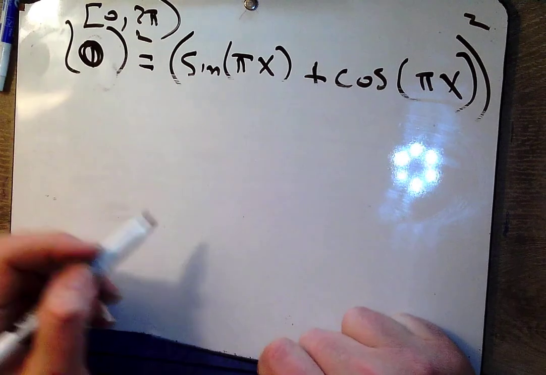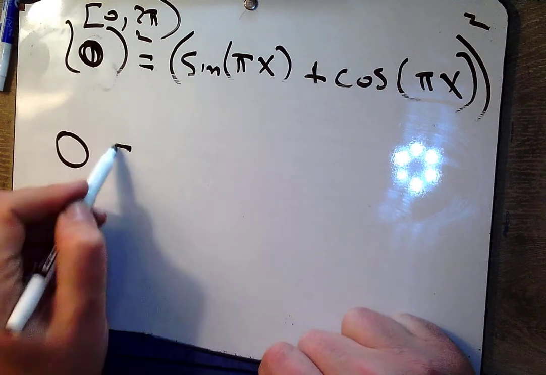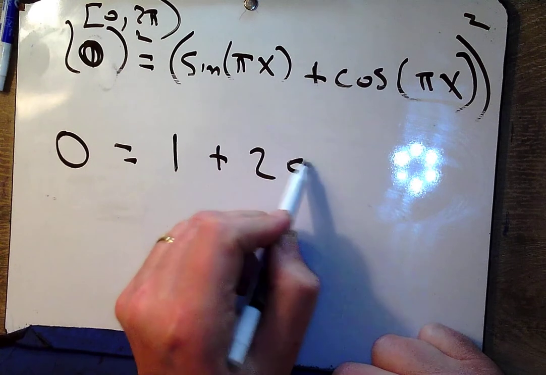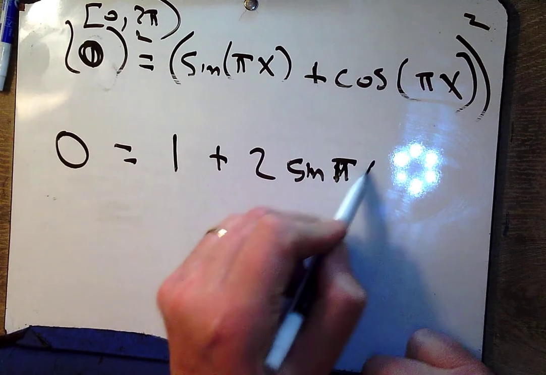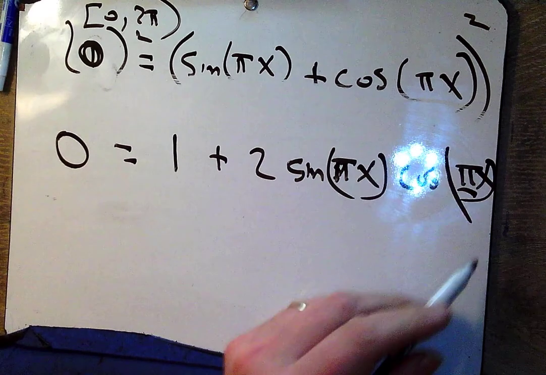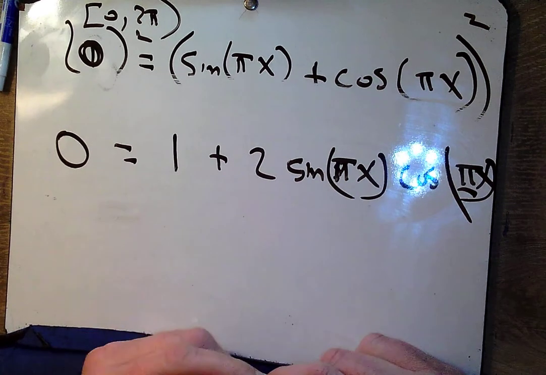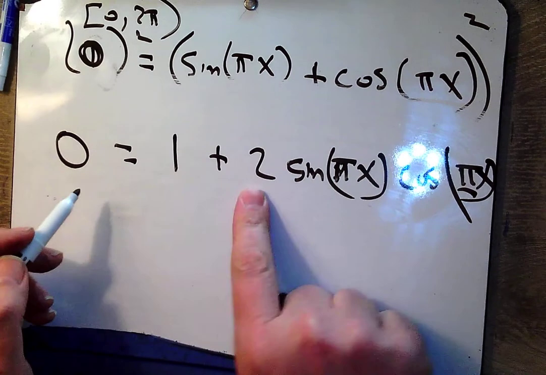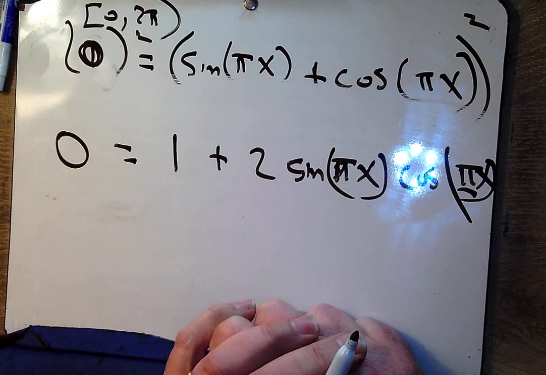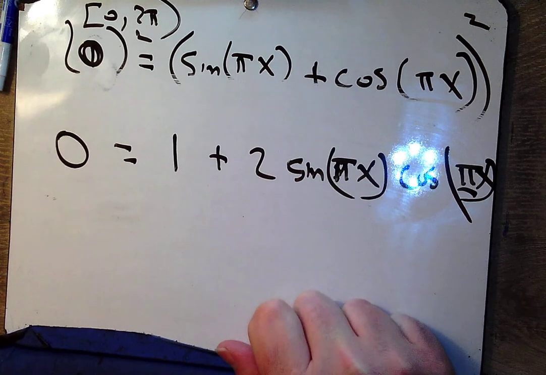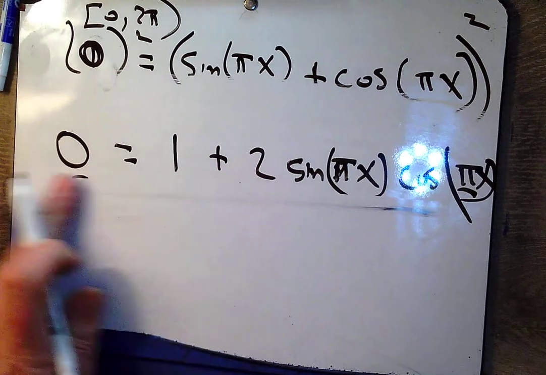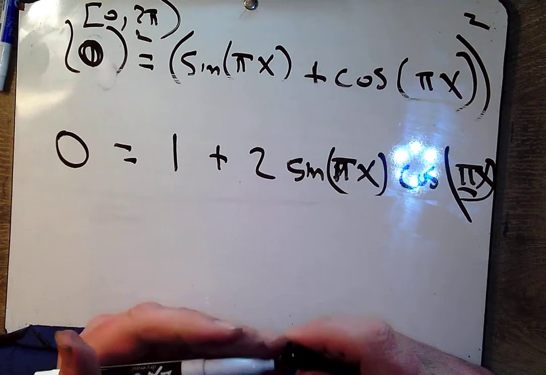But because we have a 0 here, we get to this place where 0 equals 1 plus 2 sine pi x cosine pi x, and then we think, oh, okay, I'm going to subtract 1 and divide by 2. Yeah, that's where our issue is coming. I can't do that here. That's where I'm running into this problem.